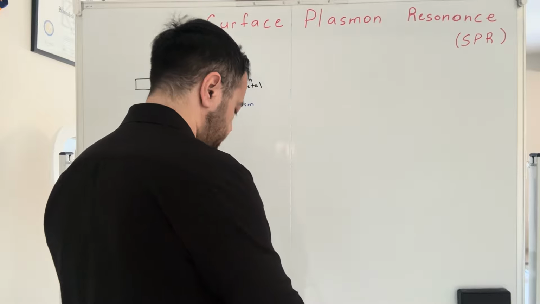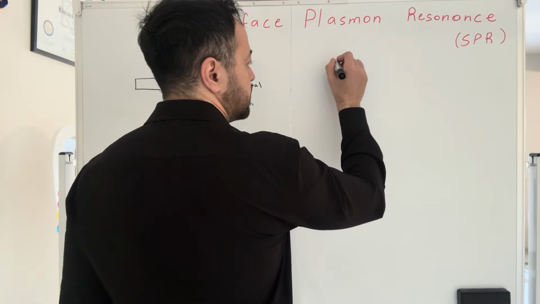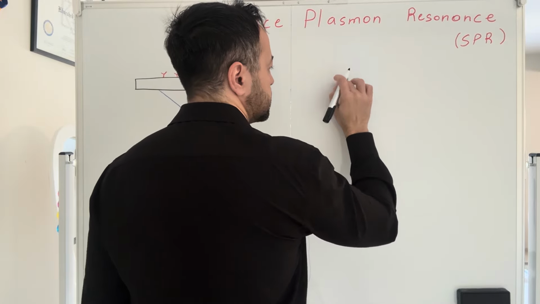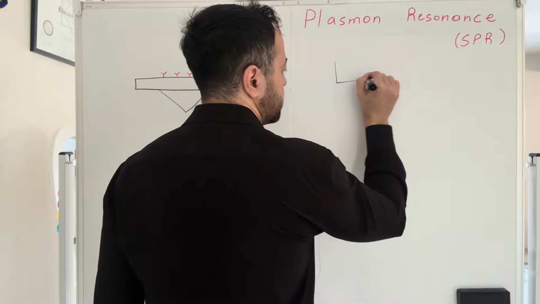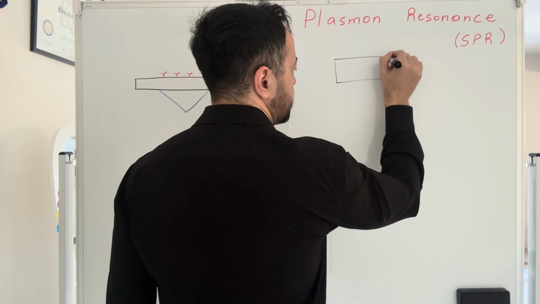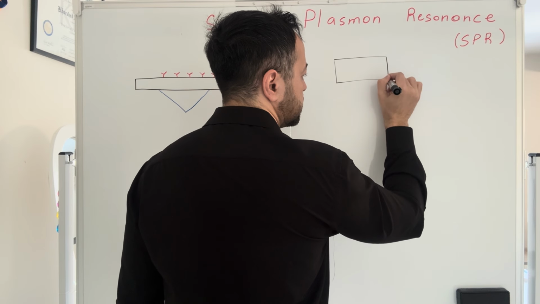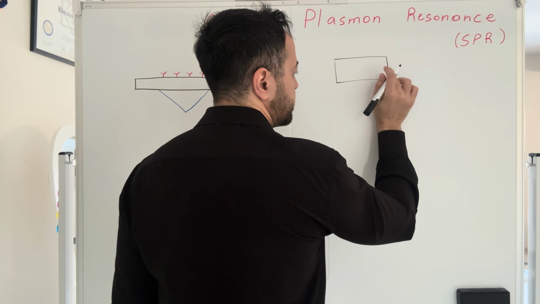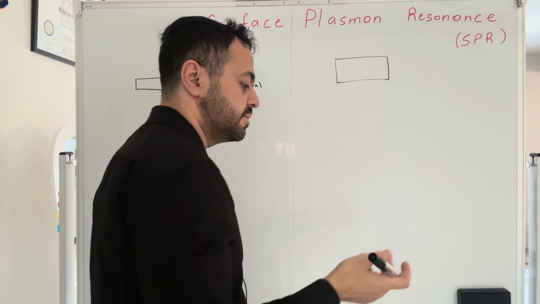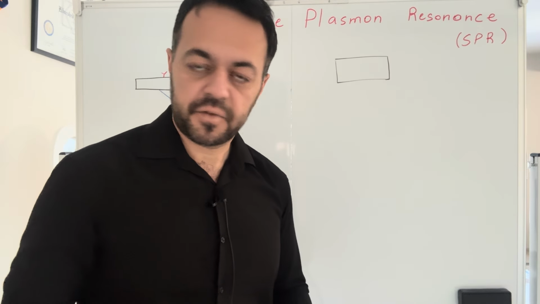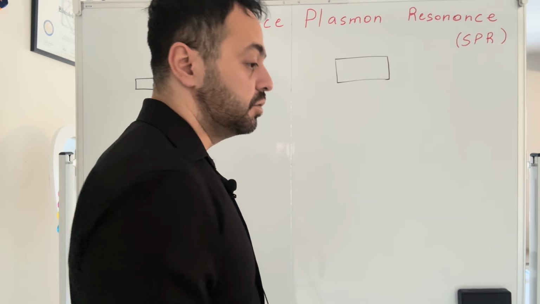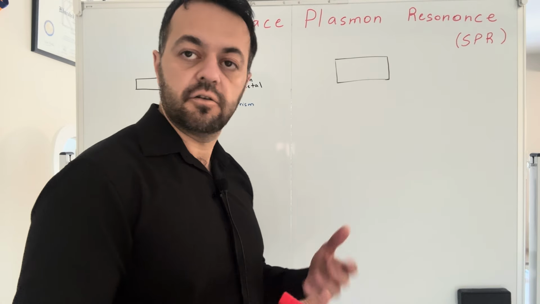So let's say we have a metal here. Silver, aluminum, gold, any metal. So what does metal have? Metal typically has loose electrons in the outer shell.